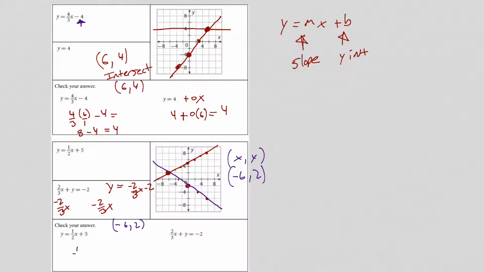And then we can find out, is negative 6, 2 true for both equations? Let's find out. 1/2 times the negative 6 plus 5. This winds up being negative 3. Is negative 3 plus 5, 2? It sure is. And let's check this one out. Let's use the slope-intercept form.